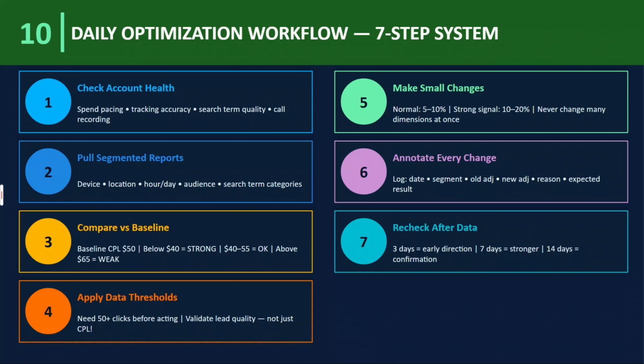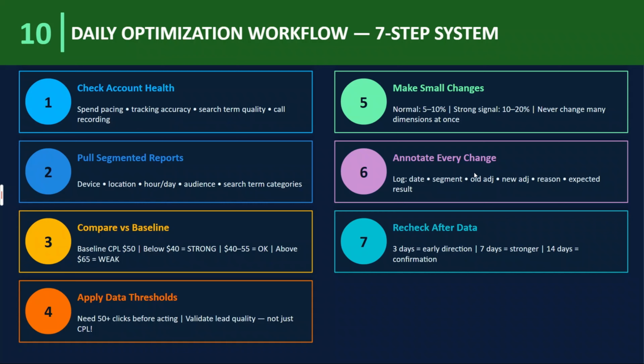You need at least 50 clicks before making a decision, and always evaluate lead quality, not just the cost. Step 5 is make small changes. In normal situations, adjust by 5 to 10%. If your data is very clear and strong, go up to 20%. Never change everything at once.